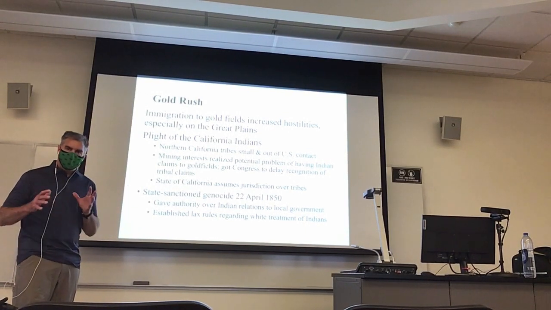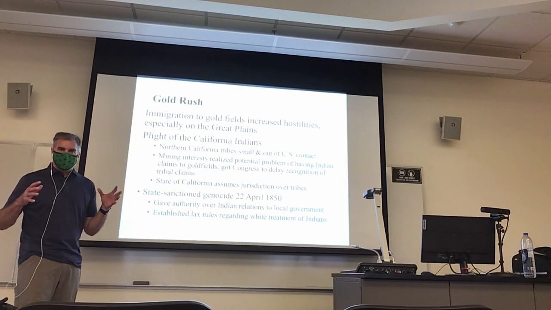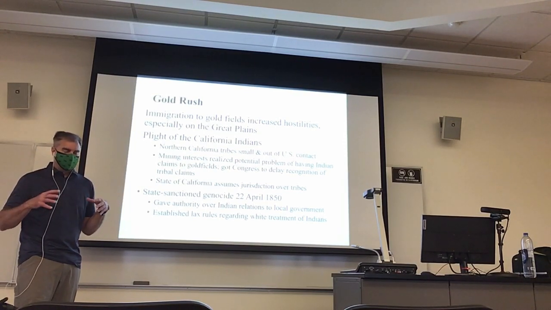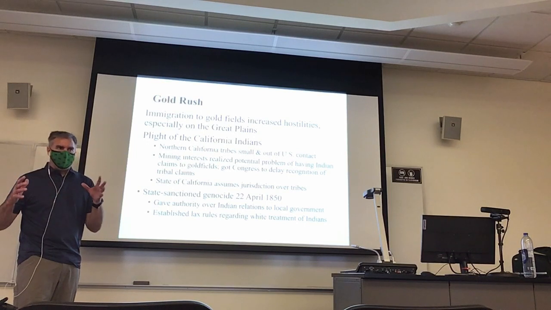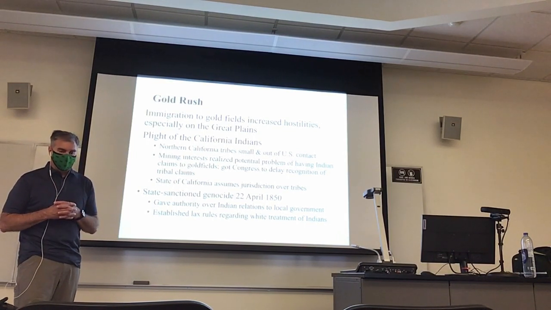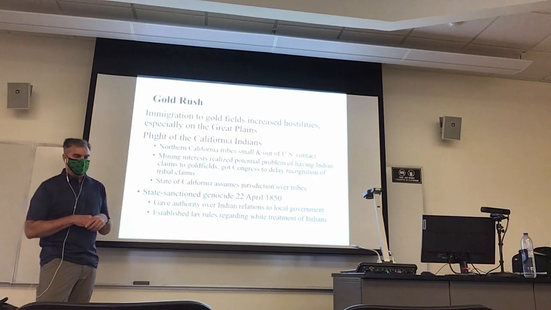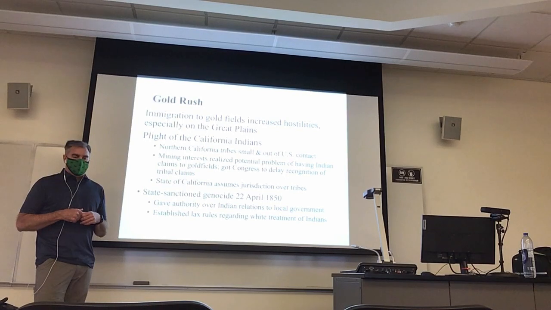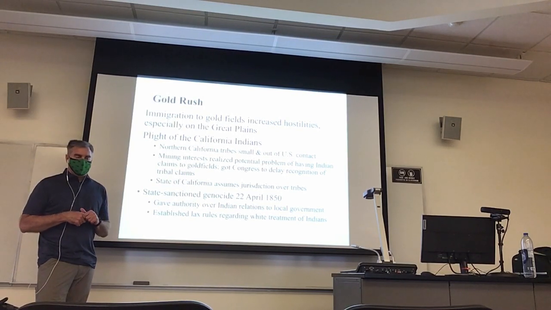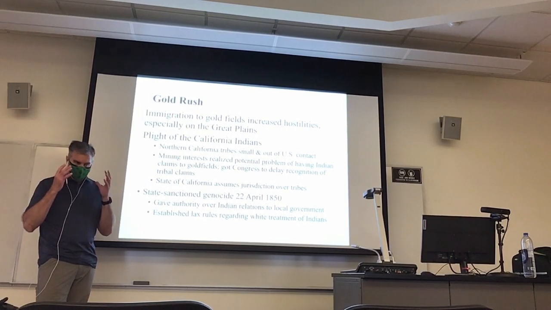But there were not any treaties established early enough before the gold rush to protect or to designate title to those lands. This opened up a very brutal time in California when, if you can imagine, there's an ulterior motive here.